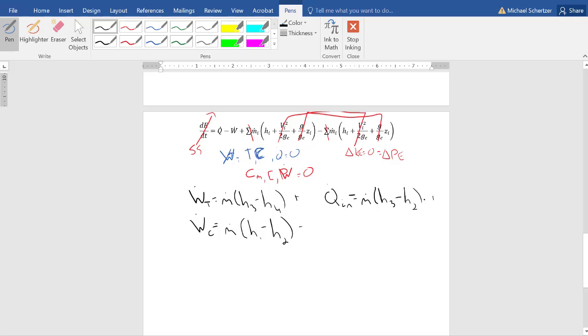And I expect this to be positive as well, because heat in is positive and heat out is negative. Then my heat rejection, my heat out, is going to be m dot times h1 minus h4, since the inlet is state 4 and the outlet is state 1. And that one's going to be negative.